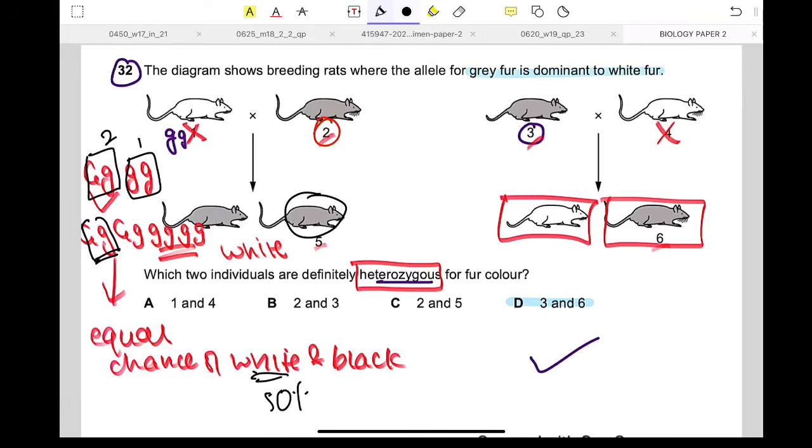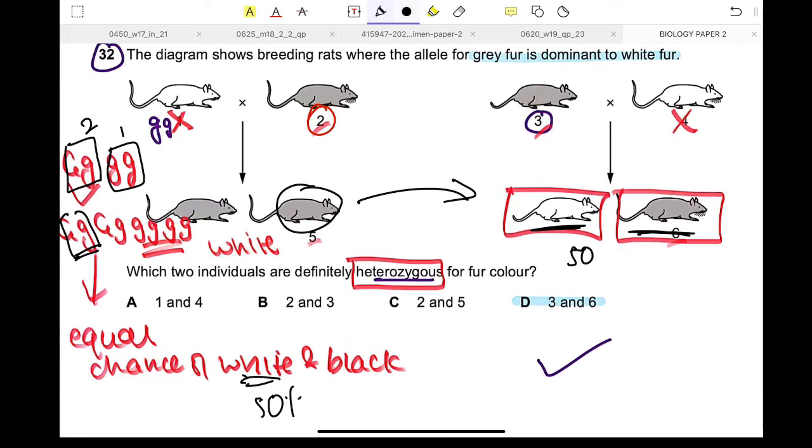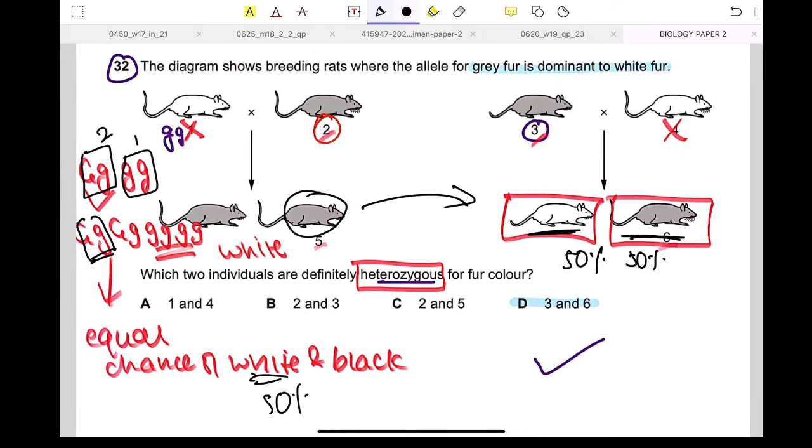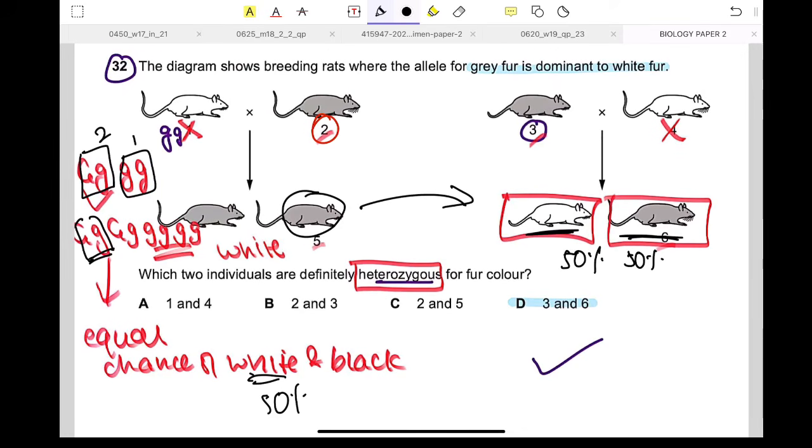In this one, compared to this, look at this, half is white, half is black, 50% chance of white, 50% chance of black. So there is definitely a better chance. You need to compare, okay? So compared to this one, 6 and 3 definitely have a better chance of being heterozygous, which is why we need to base it off of chance.